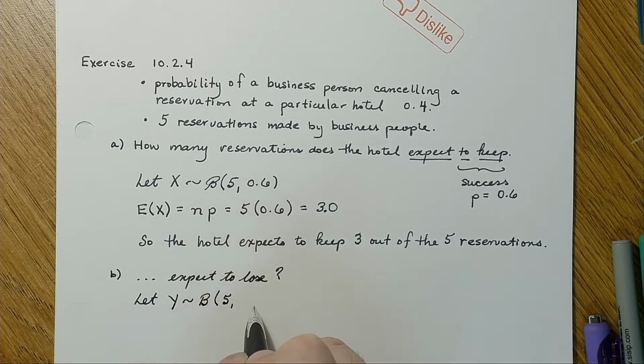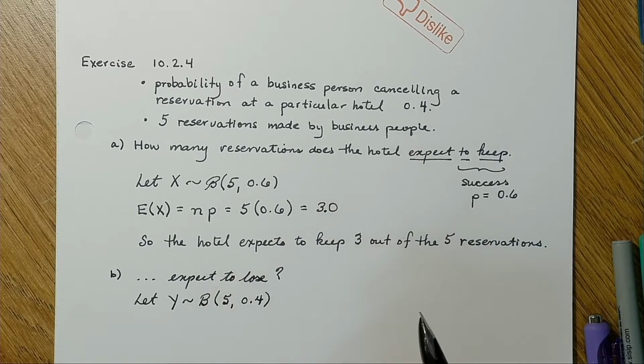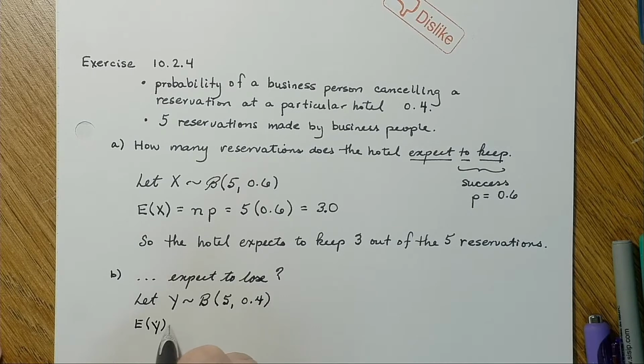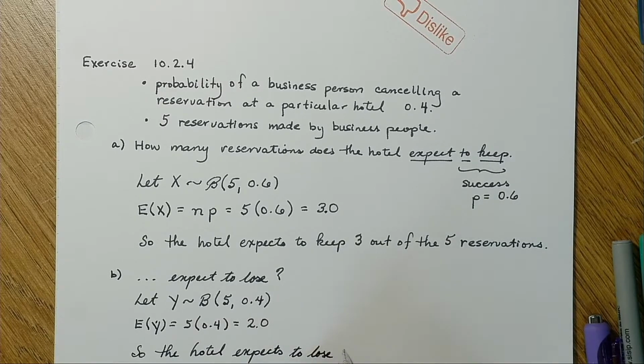Again there's 5 reservations. In this case it's 0.4, which is what we're going to call the success, which is to lose your reservation. Then the expected value of y is 5 times 0.4, which is 20, and we move the decimal place, so it's 2. So the hotel expects to lose 2 out of the 5.